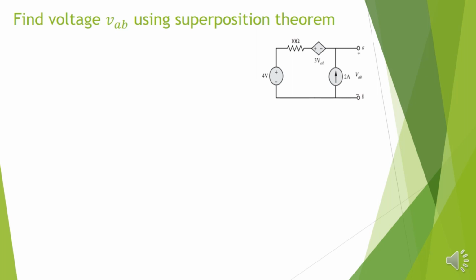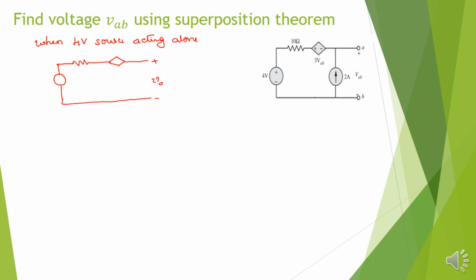So first, when the 4 volts source is acting alone, what happens to the network? The dependent source remains as it is. So plus minus, I'll take this as VAB dash.